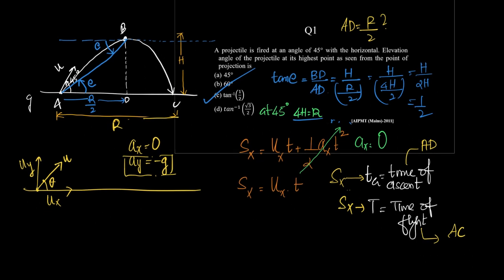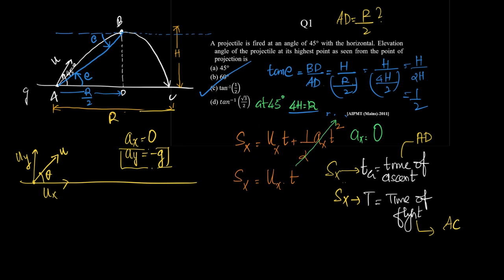So now let us write down these two equations again. Sx at t equal to Ta will be equal to ux into Ta, and Sx at t equal to capital T will be equal to ux into capital T, right?